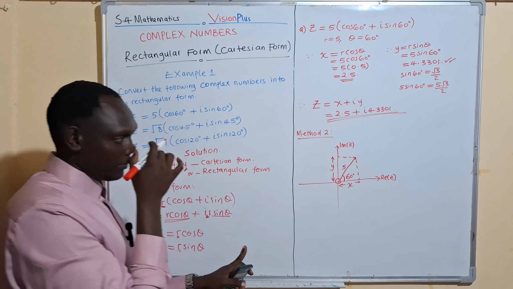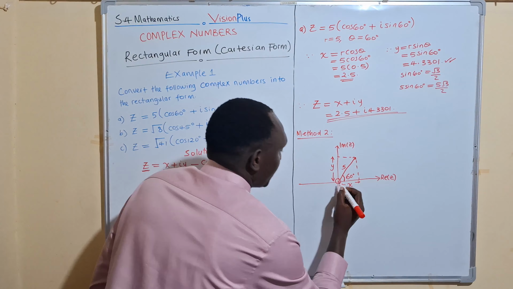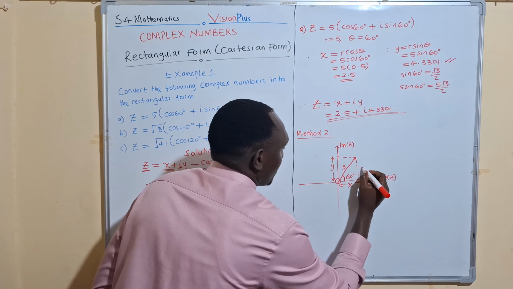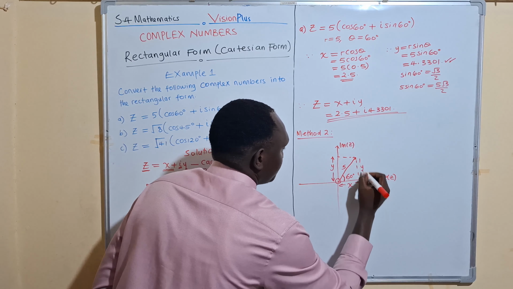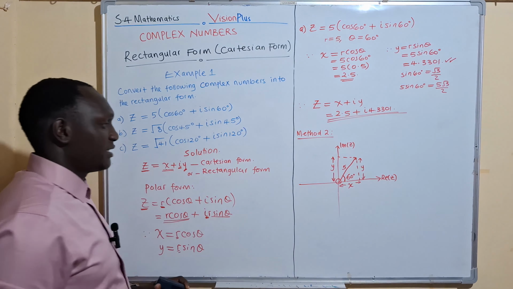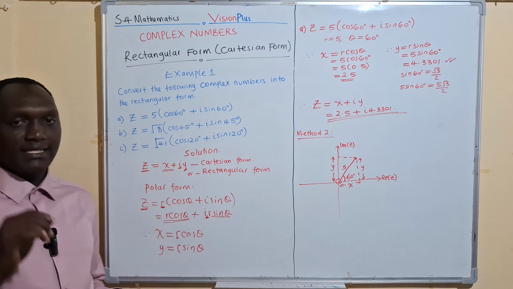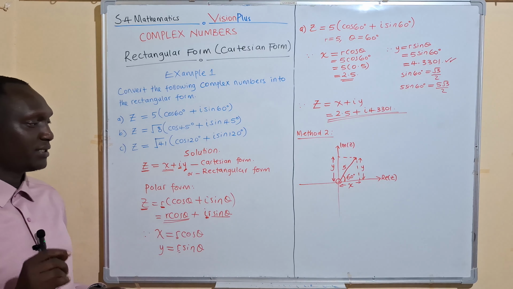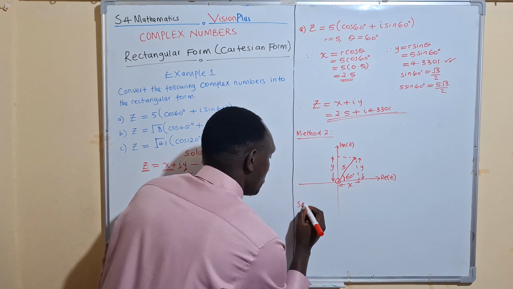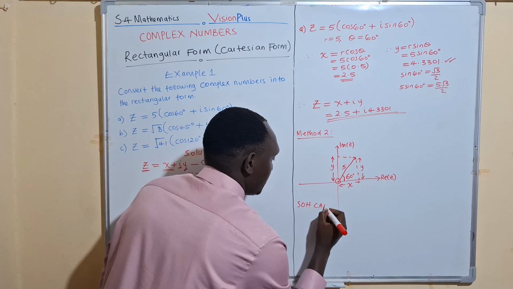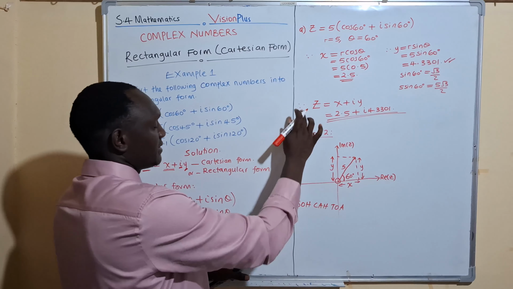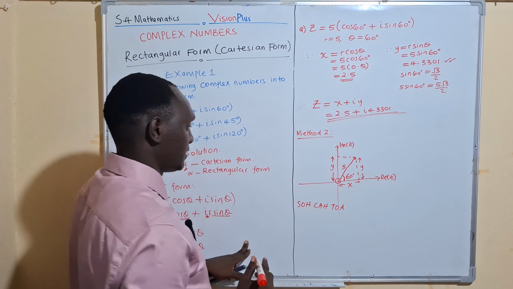Now what do we need to do? What we just have to do is to find this distance gives us x, and then this distance here gives us y. This side is also the same as y. That means here we need to apply either sine, cosine, or tan. Now that is SOHCAHTOA. I just want to do this so that we see that this method and this give the same answers.